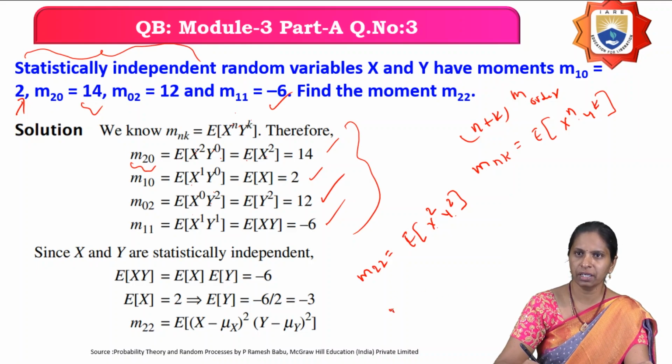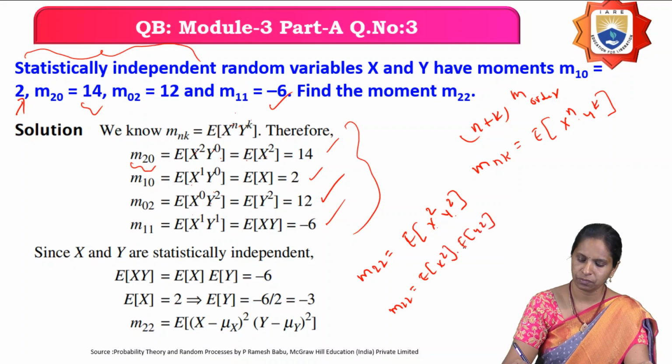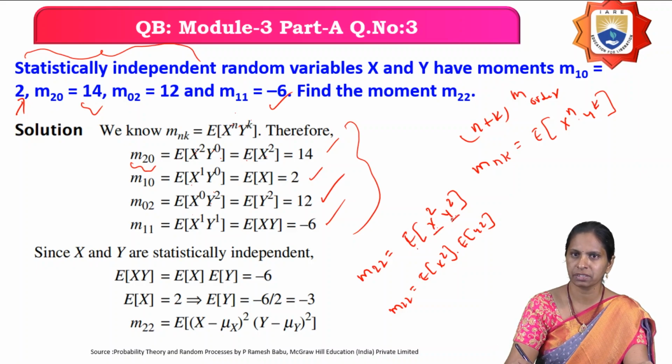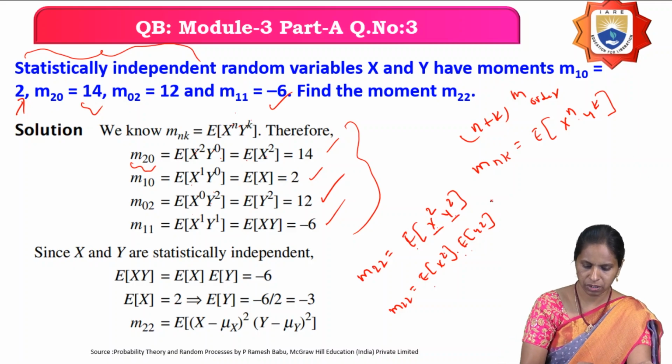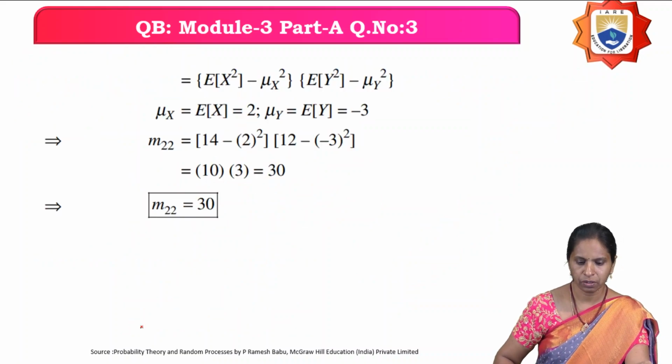If they are statistically independent, then how can I write it? For independent random variables, expectation of x square into y square is expectation of x square into expectation of y square. Therefore, this is nothing but M22. This is not mu22.